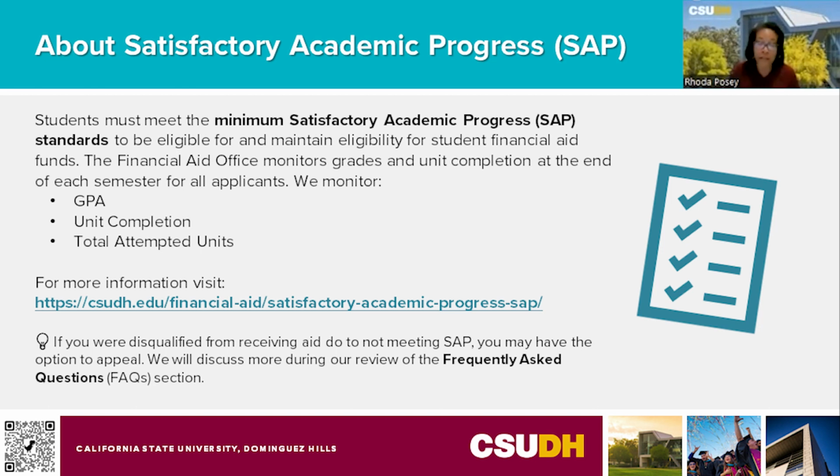You can get to that page and bookmark it if you want. If anyone viewing this video was disqualified from receiving aid due to Satisfactory Academic Progress, there may be a way for you to appeal. We'll discuss a little bit more during the frequently asked questions, but don't be discouraged by that.